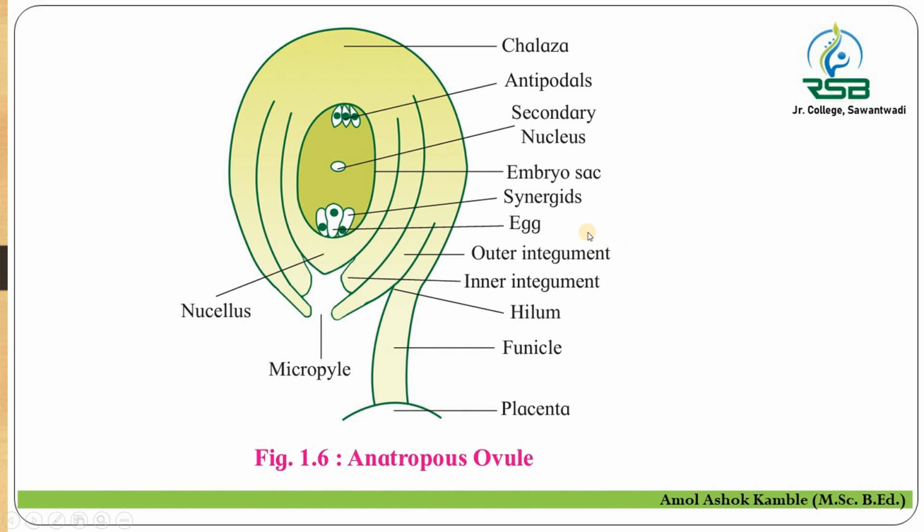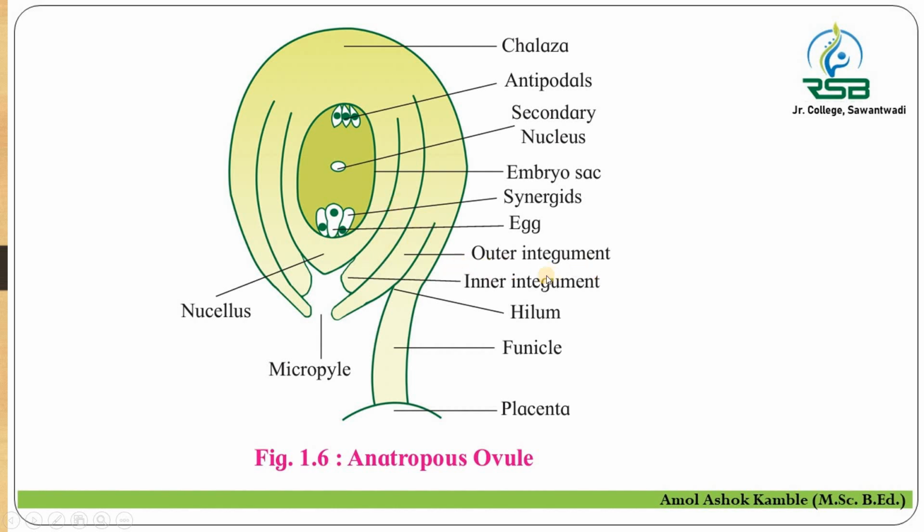What are integuments? These integuments are the protective coverings of the nucellus. या nucellus वरती असणारे हे काय आहेत, protective coverings आहेत, and we know that they develop from the chalazal end. आणि हे कुठून तयार होतात, chalazal end पासून तयार होतात.